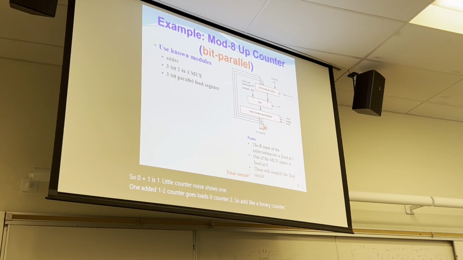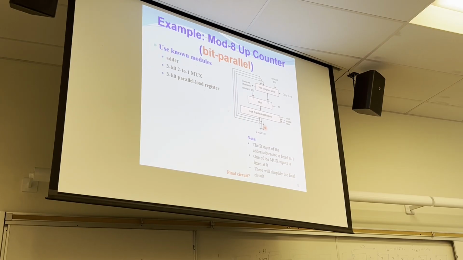But is this a finite state machine? I wouldn't think so. It's just, every clock cycle, doing the same thing. Does it have flip-flops? It does. Does it have a combinational circuit? Yes, the adder and the box are combinational circuits.